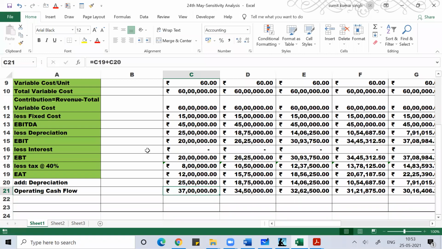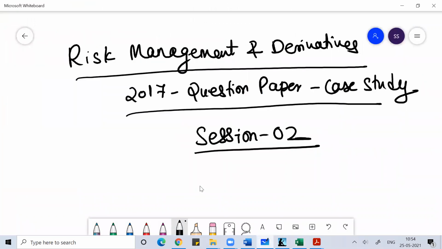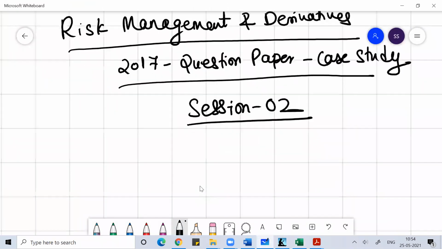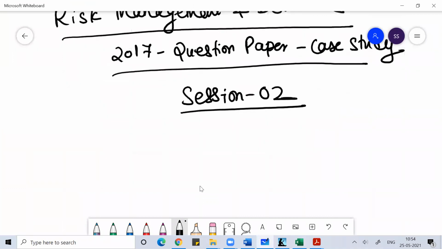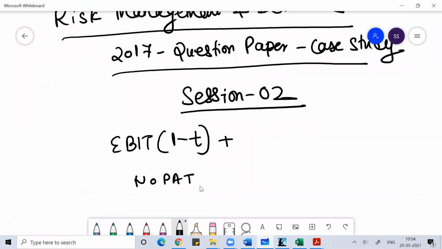So for operating cash flow, imagine if working capital is also given, then we could have made further adjustments from profit after tax. It depends on the textbook and from scenario to scenario. The ideal way to calculate operating cash flow would be EBIT(1 minus T), the net operating profit after tax, called NOPAT, plus depreciation and amortization.